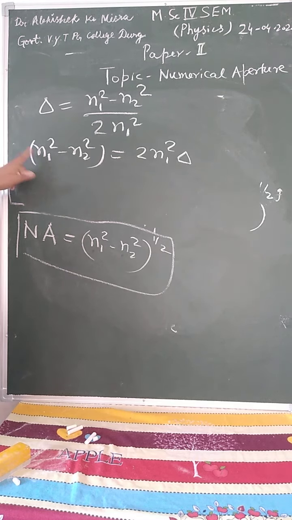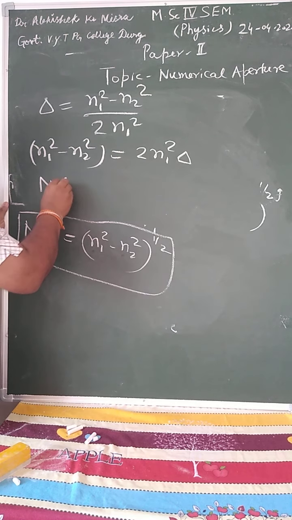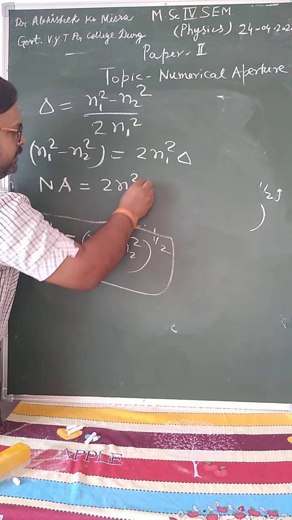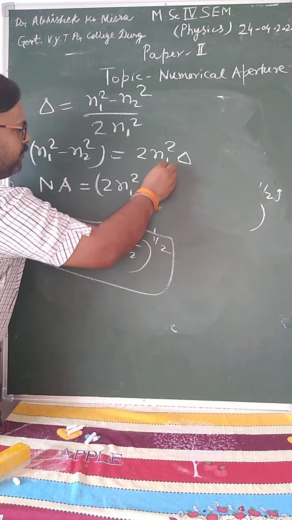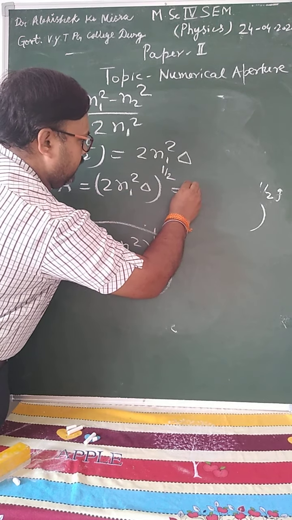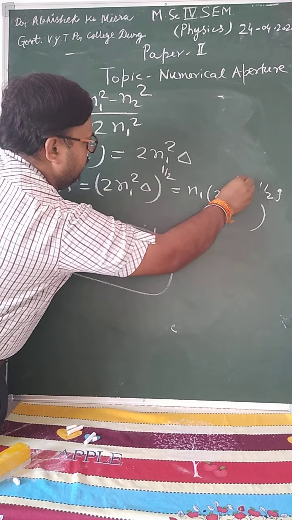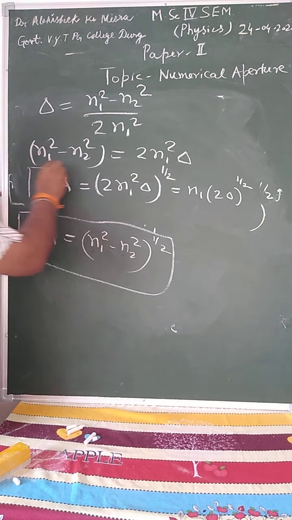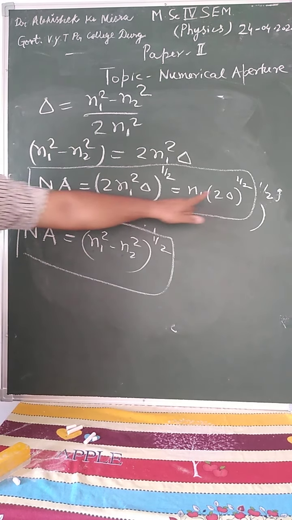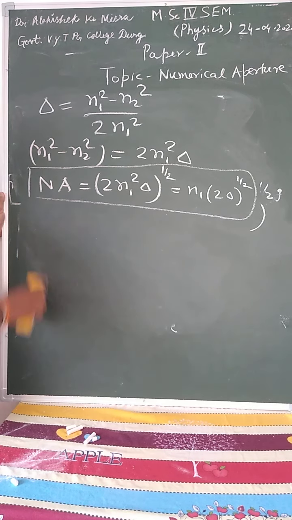So putting this value, we get numerical aperture equal to (2N1 square delta) power 1 by 2, or N1 (2 delta) power 1 by 2. This is also the formula for numerical aperture in terms of relative refractive index difference.